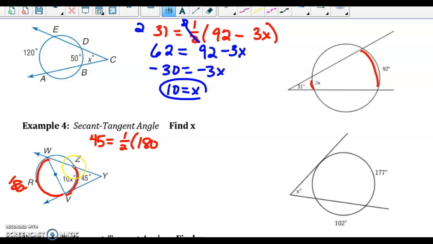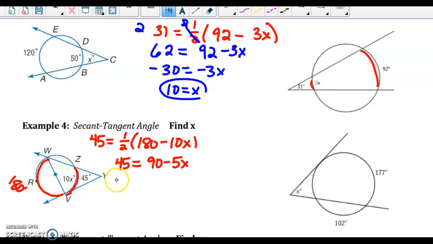All right, that's if you look at the lines. Here we have a secant, and this is a tangent. So we're going to take 180, we're going to subtract the 10x. In this problem, you actually could solve it two ways. You can distribute, and you don't get fractions, or you could multiply both sides by 2. It doesn't matter.